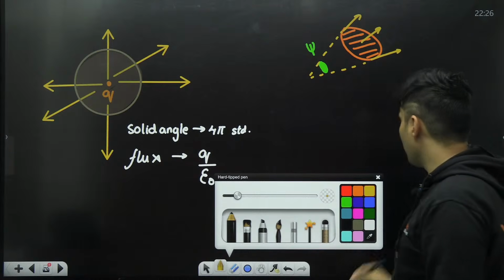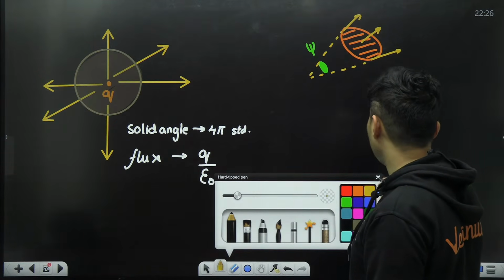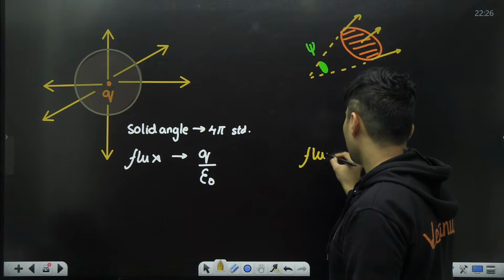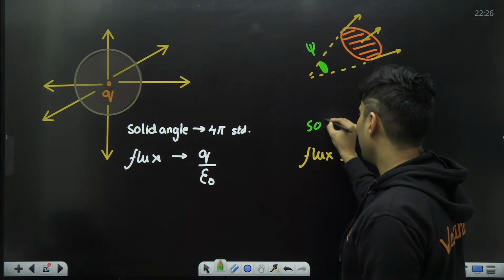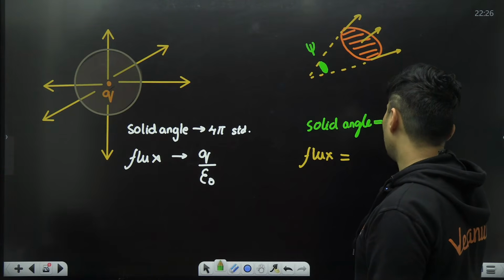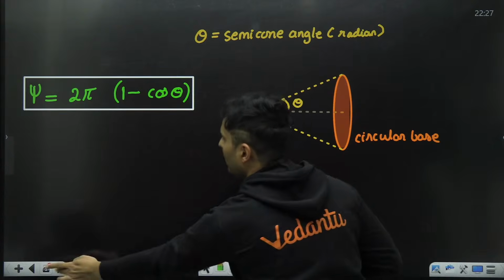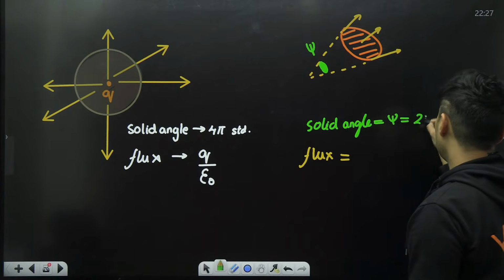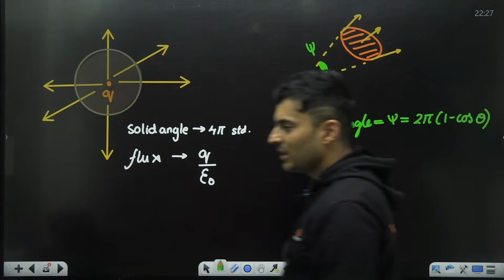It is like a unitary method. So if I want to find the flux for a solid angle of psi, whose value I just calculated to be 2 pi into 1 minus cos theta, what am I going to do?